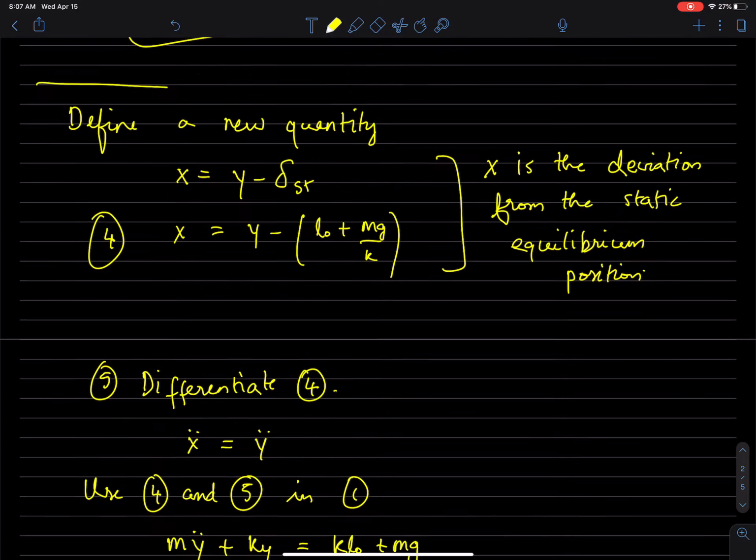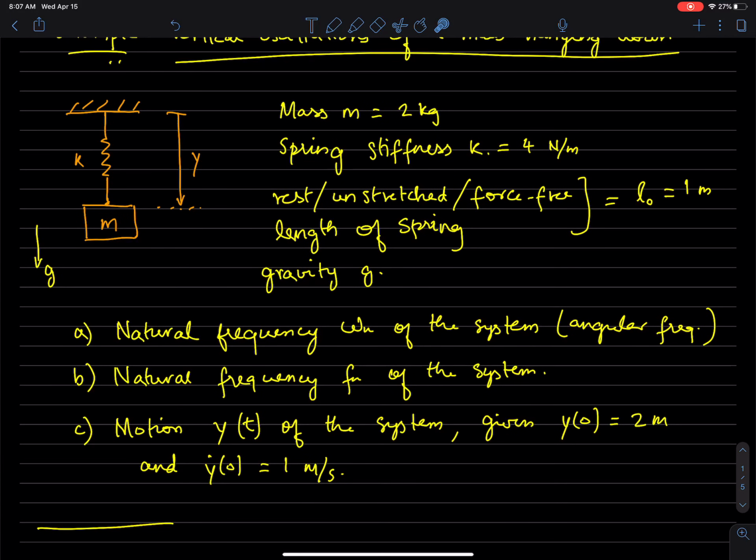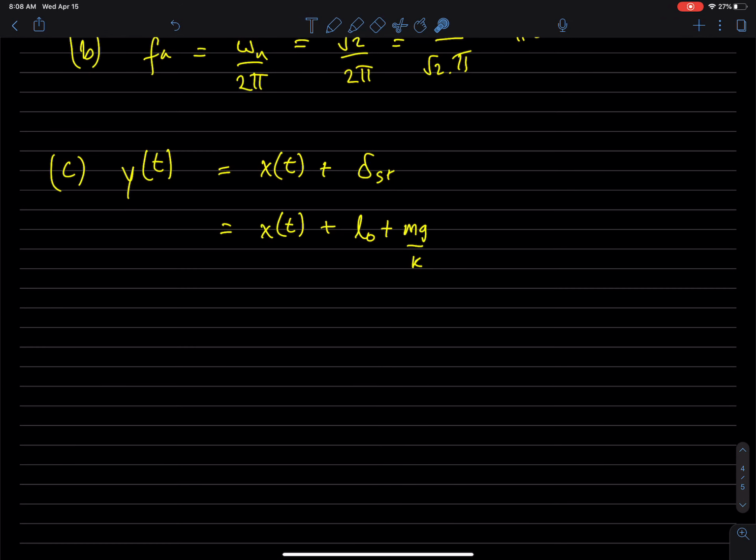What is L naught? L naught is 1 meter, mass is 2 kilograms.